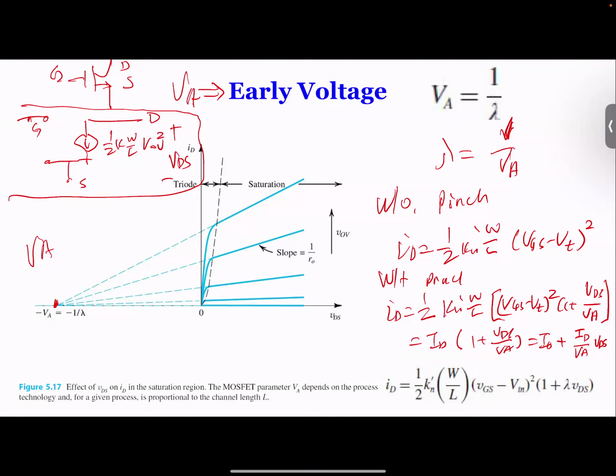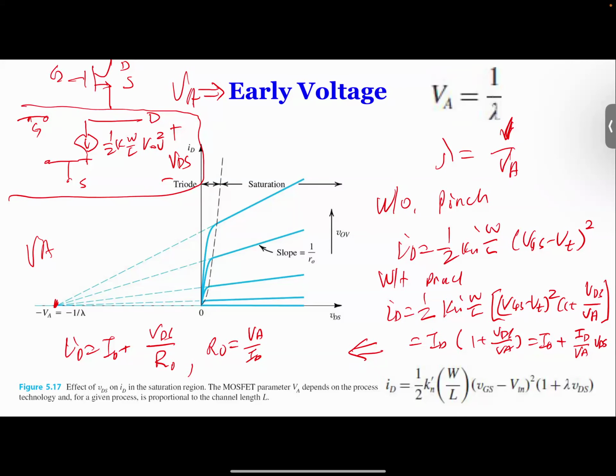It's a conductance, but also the reverse of resistance. So basically, I can write this equation as ID equal to ID plus VDS over R, and we call this RO. And this RO is equal to VA over ID.